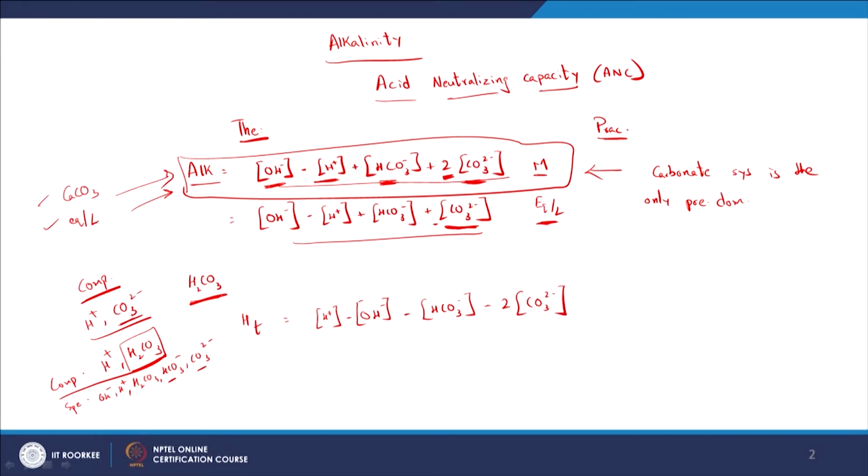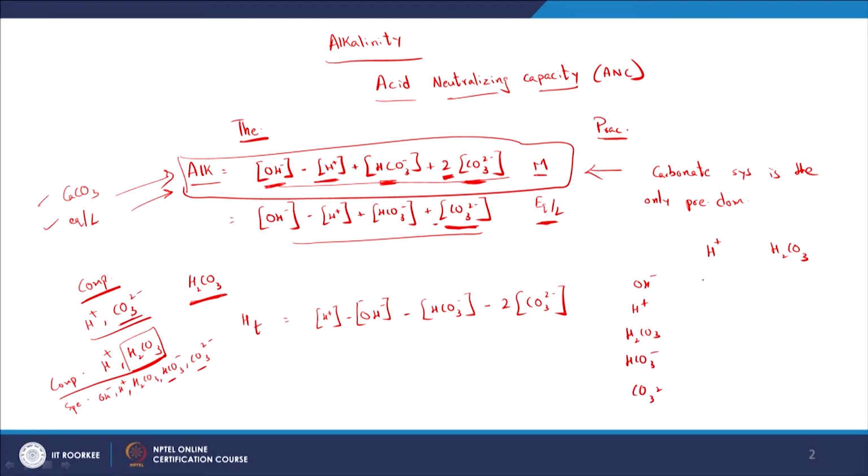Again if people are unable to understand this, let me write this down here. We have H, and what do we have here? H2CO3, this is nothing but the tableau, right, and these are the various species: OH minus, H plus, H2CO3, HCO3 minus and CO3 2 minus.